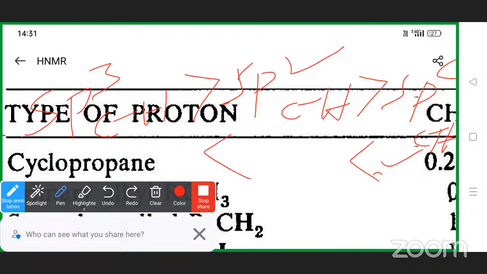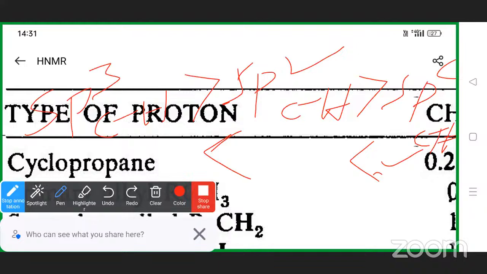Sp is more electronegative than sp2, and sp2 is more electronegative than sp3. Generally, with an increase of electronegativity, the chemical shift value must increase because it is directly proportional. The chemical shift values are directly proportional to the electronegativity, or vice versa.